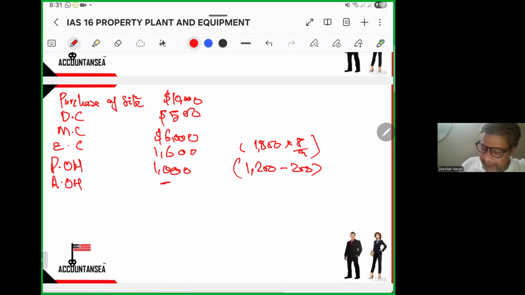Then architect fee, 400, and it's a direct cost, so we will include it. Cost of relocating staff is not directly attributable to preparing the asset for use. So relocation cost, nil.